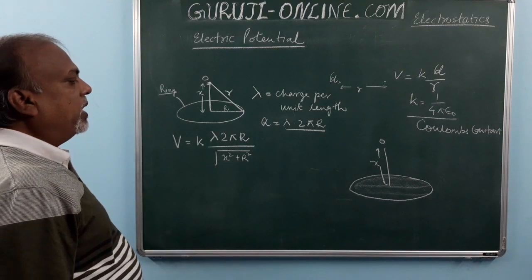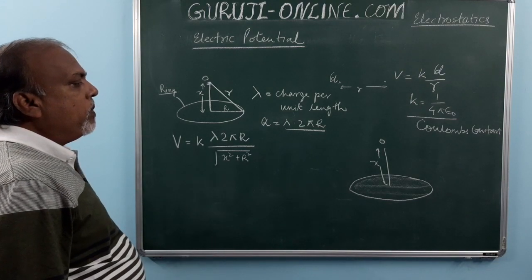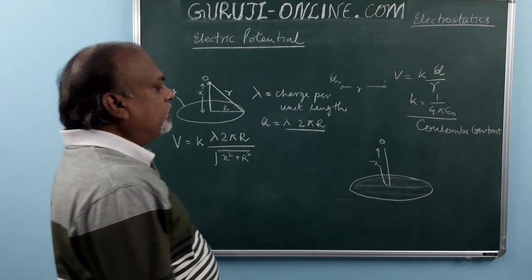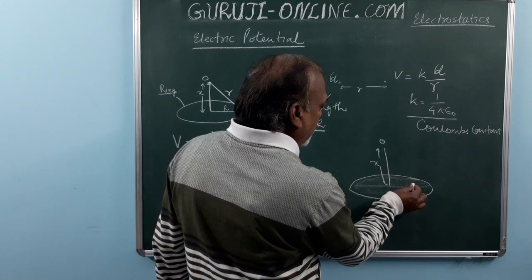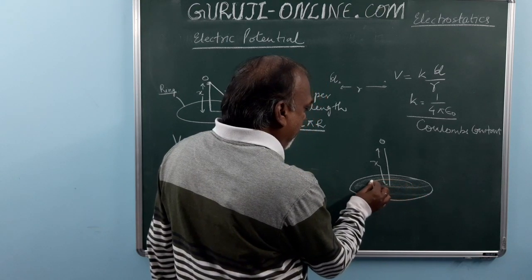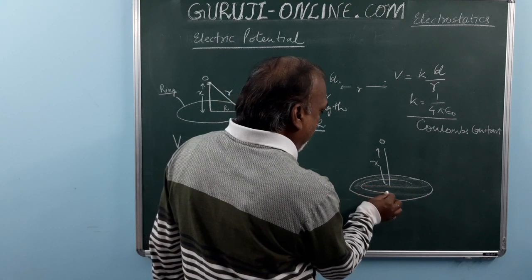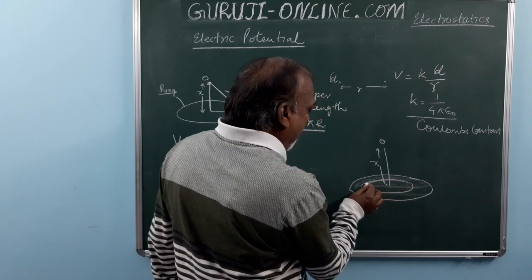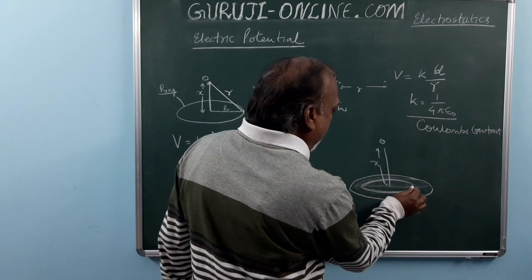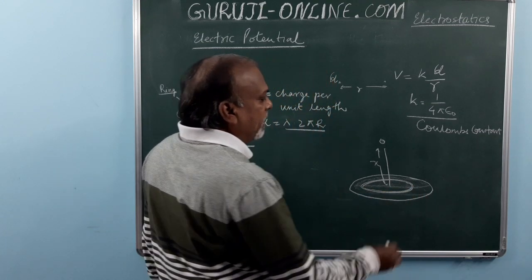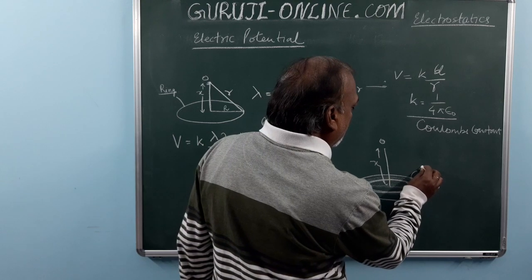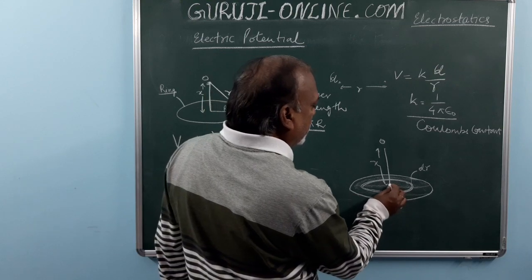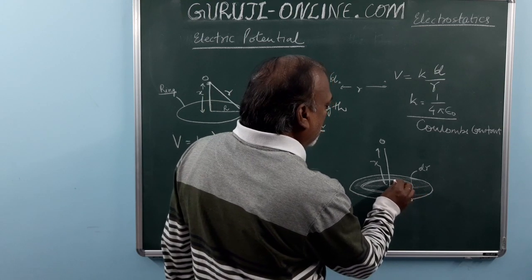With this analogy, we can find out the potential of a disk also. Suppose you take a small ring here whose width is dr, and this is at a distance r.